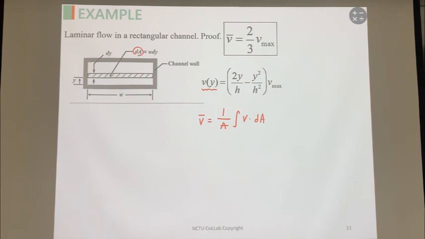We need to know the dA, we need to know the velocities, and we need to know the total area, and then we can process these integration problems. And finally, you need to prove the relationship between the V maxima and the V bar.